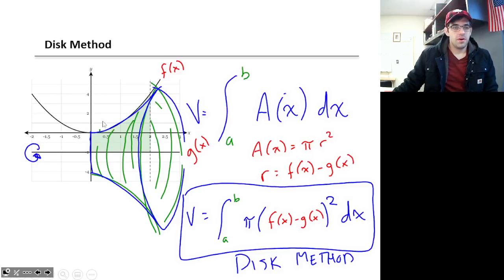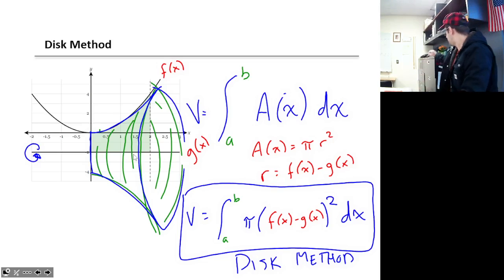So if we have a region bound by two curves, a function f of x on top, and we're rotating this region around some horizontal axis, which we'll call g of x, just some straight horizontal axis, this green region is going to get rotated to create some kind of solid shape.